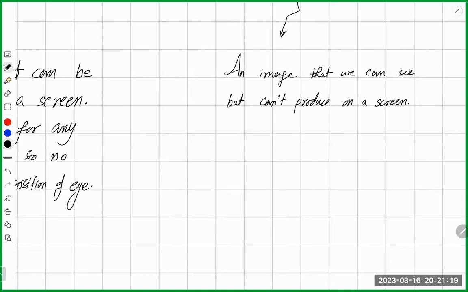An image that we can see but cannot produce on a screen is known as virtual image.